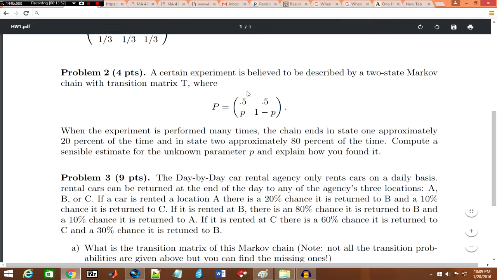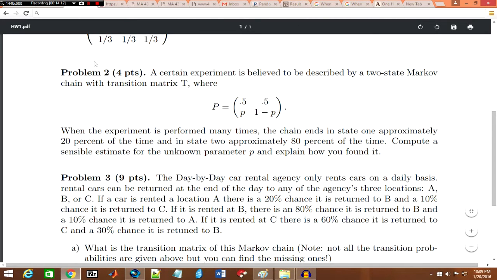Okay, so anyways, when the experiment is performed many times, the chain ends in state 1 approximately 20% of the time, and in state 2 approximately 80% of the time. Compute a sensible estimate for the unknown parameter p and explain how you found it.